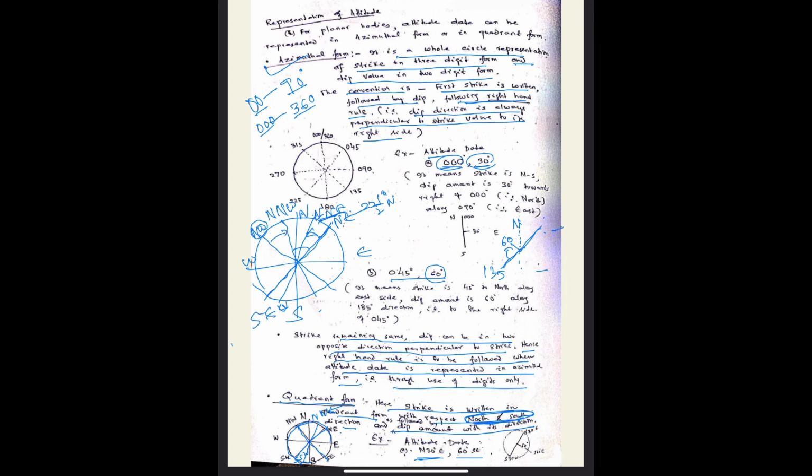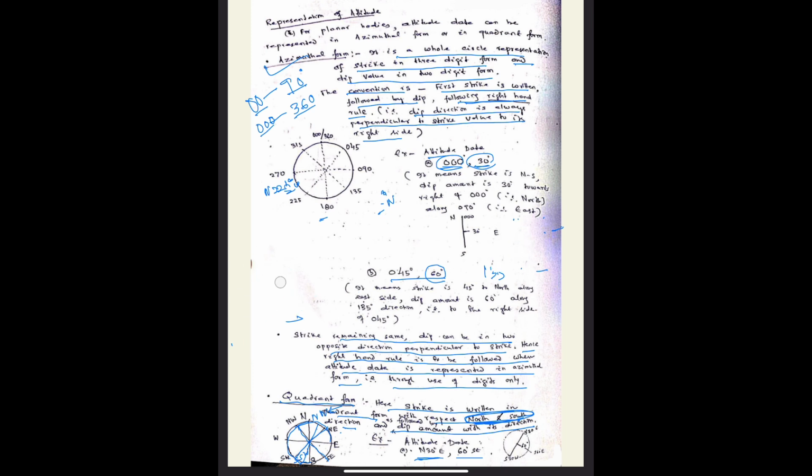So north of northwest will be north 22.5 degrees west, south 22.5 degrees east. So in this form we represent the attitude data.